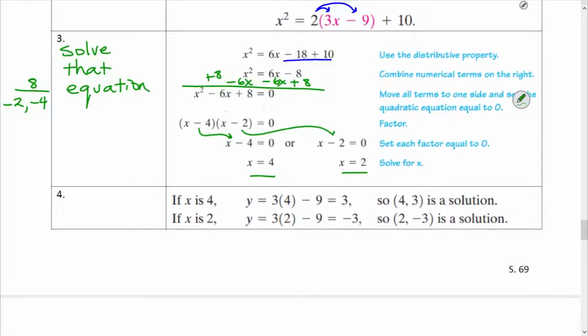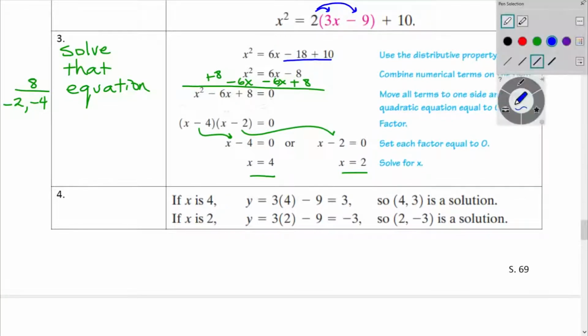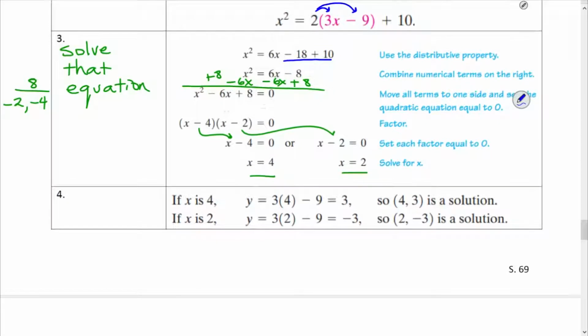But again, don't forget that we're solving a system of equations, meaning I have, in this case, 2 equations with 2 unknowns, both x and y. So the last step is to plug those x values into one of the original equations to find the y value.